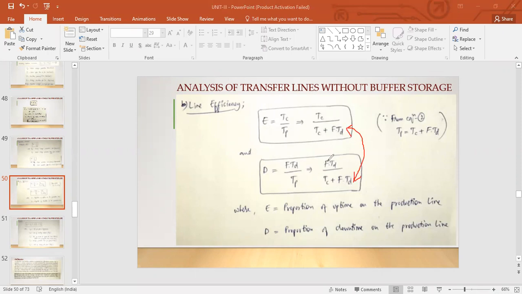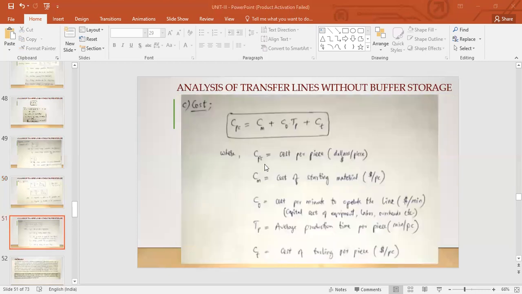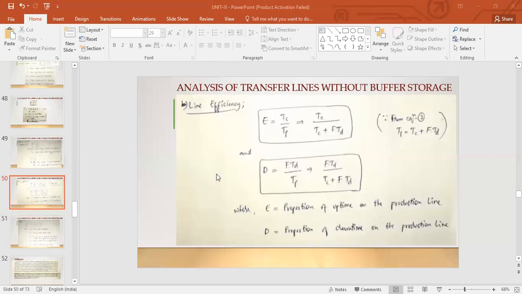So TC plus FTD will be the numerator, divided by TC plus FTD. So that's basically 1, isn't it? E plus D becomes 1. It is actually sensible because the proportion of uptime and proportion of downtime should add up to 1, right?